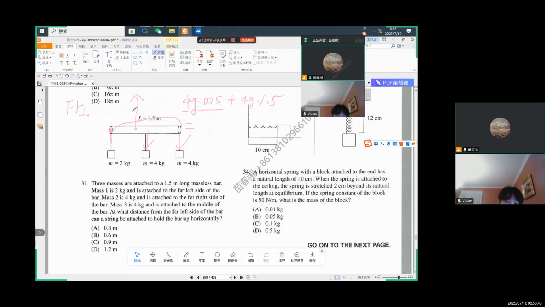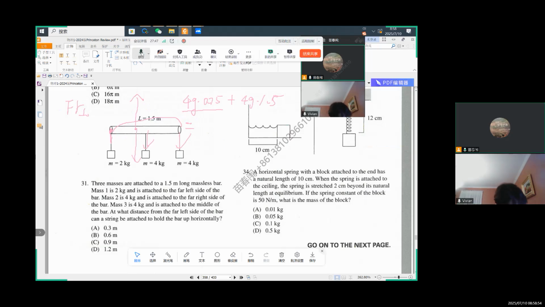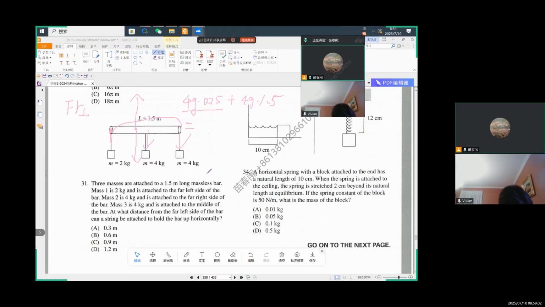So for this thing to balance, I have to balance all the forces. So if I balance all the forces, I have to use F equals to all the mg together, right?